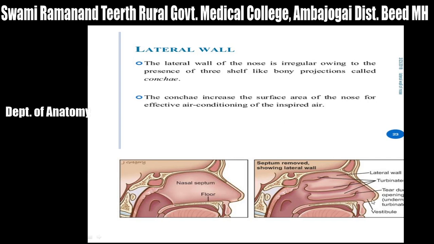So this is the anterior nares, this is the posterior nares, this is the lateral wall of nose, this one is the oropharynx. Okay, so this is the floor of a nasal cavity, and this is the roof of nasal cavity. Got it? And this is the medial wall of a nasal cavity, that is the nasal septum, which separates the two halves.